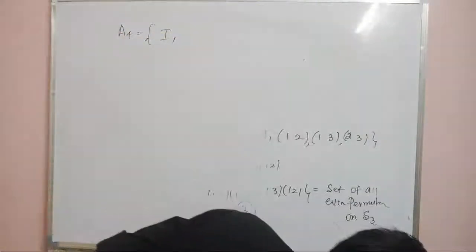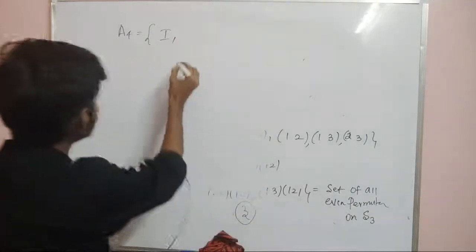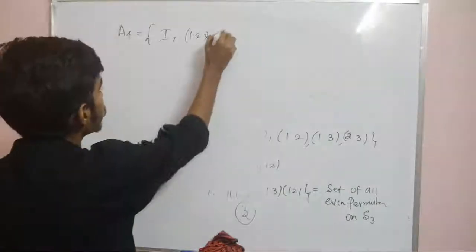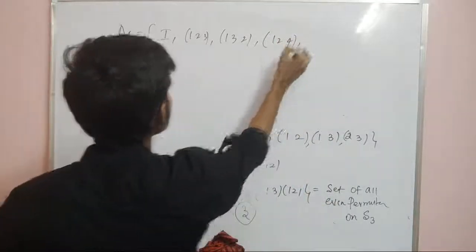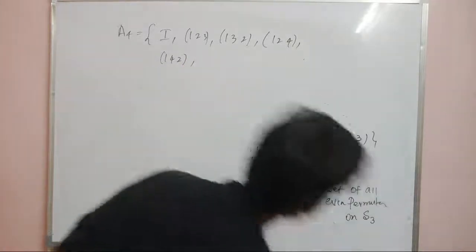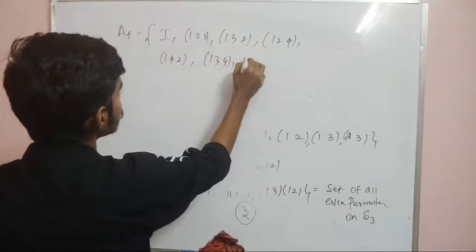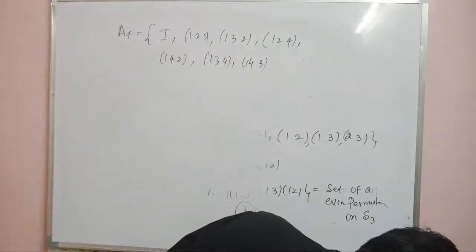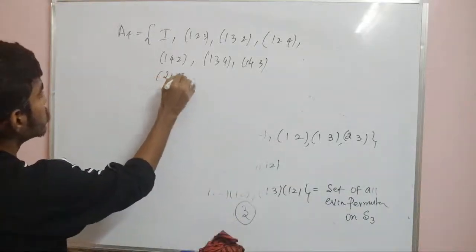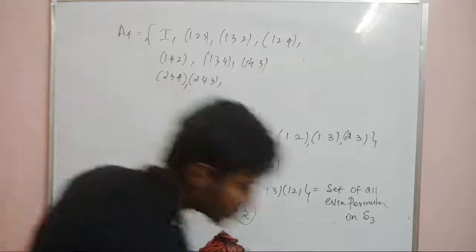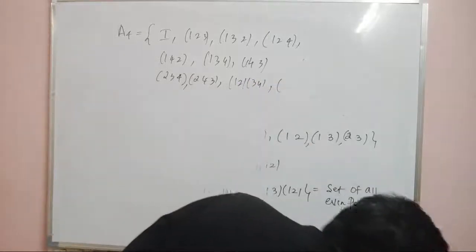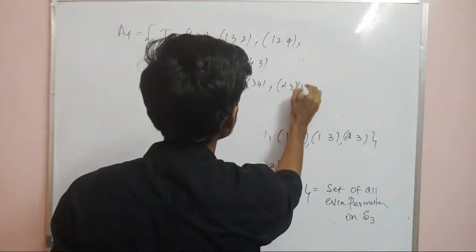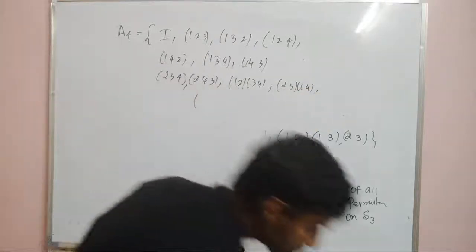So surely it will have I, and (1 2 3), (1 3 2), (1 2 4), (1 4 2), (1 3 4), (1 4 3), (2 3 4), (2 4 3), (1 2)(3 4), (1 3)(2 4), and the last is (1 4)(2 3).